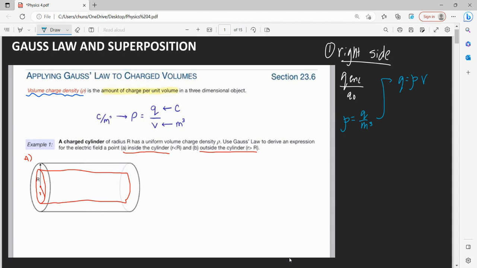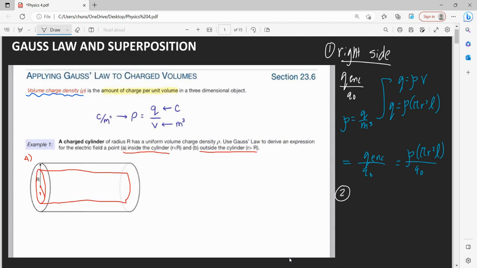And we want the volume of our whole Gaussian cylinder, so this is going to give Q equals rho, and this is pi r squared times L. So then our right side is equal to Q enclosed over epsilon 0, which is equal to rho pi r squared L over epsilon 0. So that is our first part.